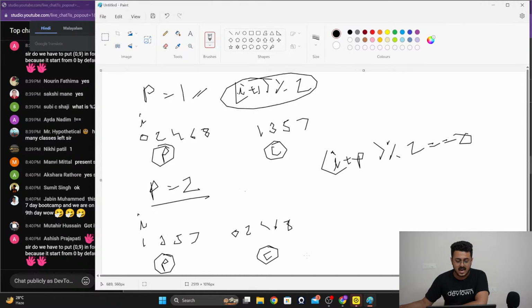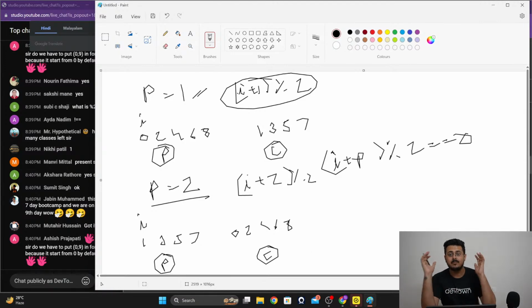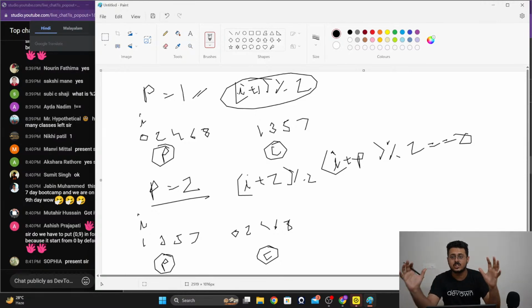What about this? (i + 2) % 2 is equal to 0. So yes, 0 plus 2. Okay, are you guys able to see this? I had some data points. I need to create a relationship. So this is problem solving, guys.